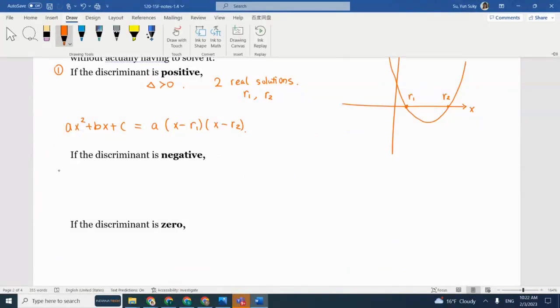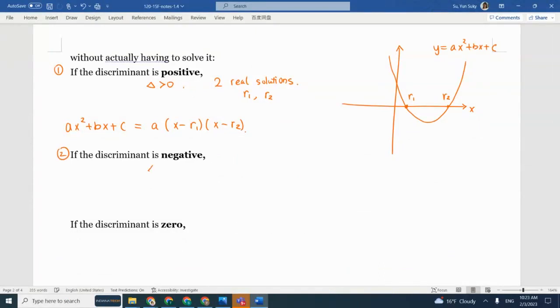All right. How about if the discriminant is negative? Well, that means the thing inside the square root is negative. What is this? It's not a real number. It's imaginary, complex numbers, right? Do you all know the square root of -1 is i?